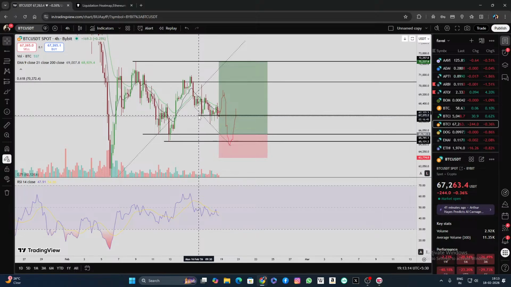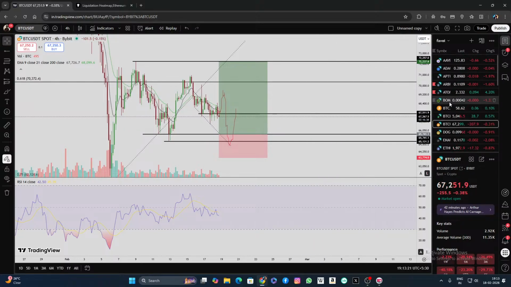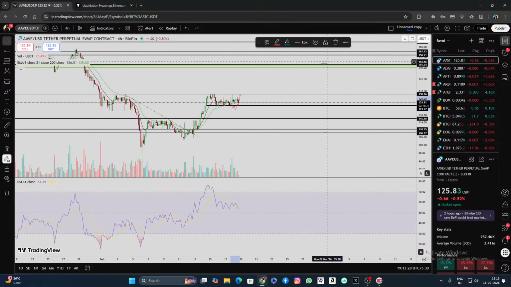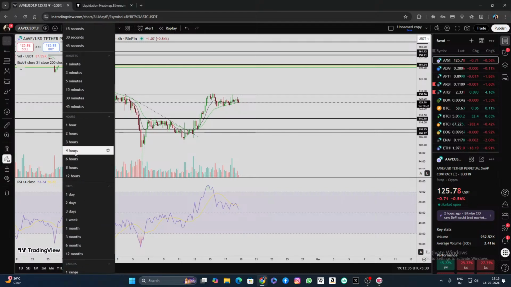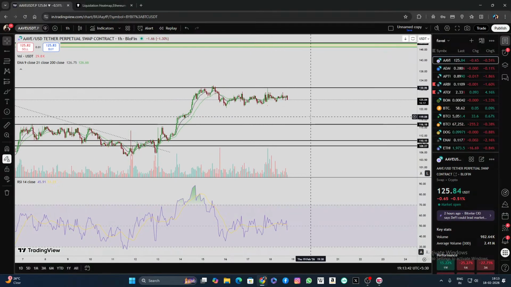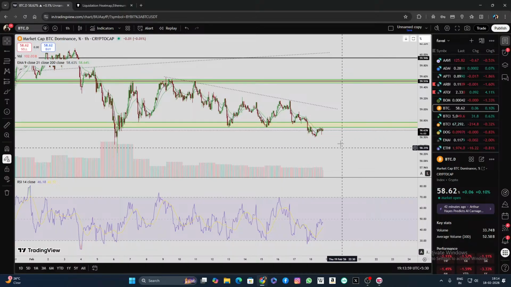Target would be this zone first, then if BTC dominance reclaims the box, it can go higher, but for now it's below.